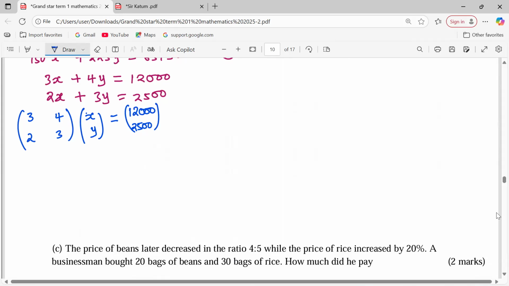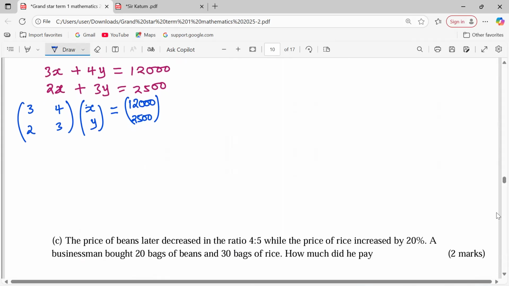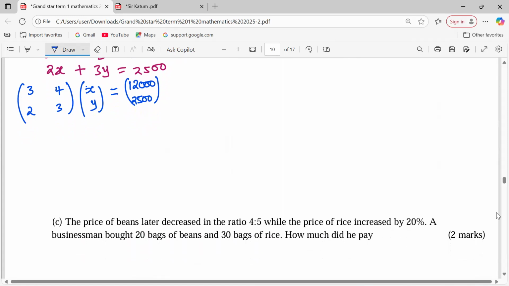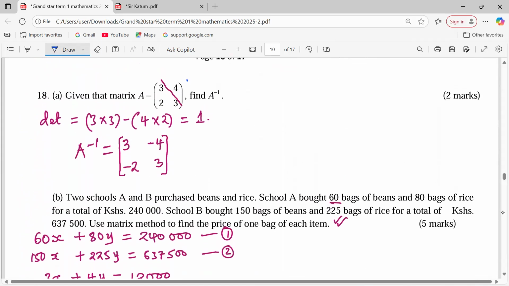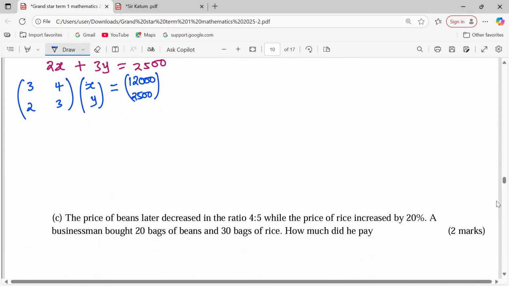Now, to proceed from this point, we need to pre-multiply both sides of this matrix equation by the inverse of the coefficients matrix. When you look at it well, it resembles the matrix A that we had here. Therefore, the inverse of this matrix has already been found: 3, -4, -2, 3.